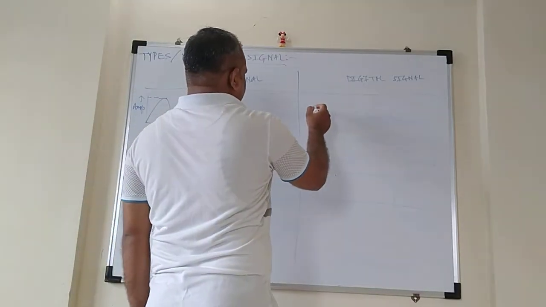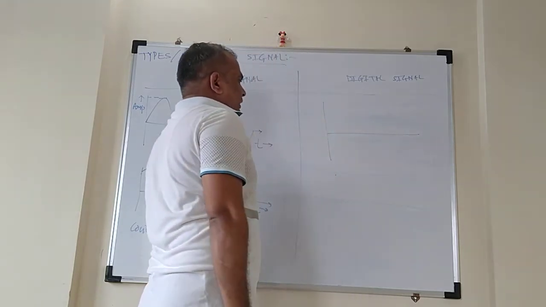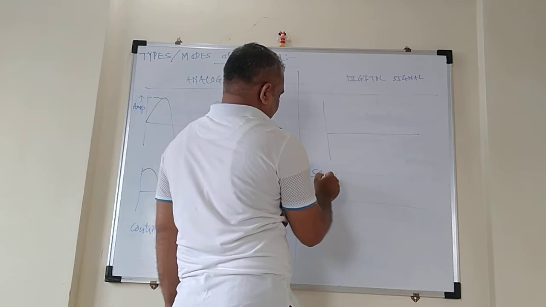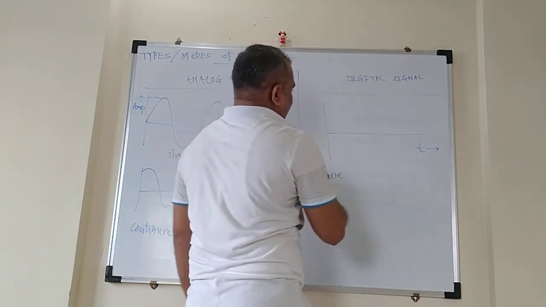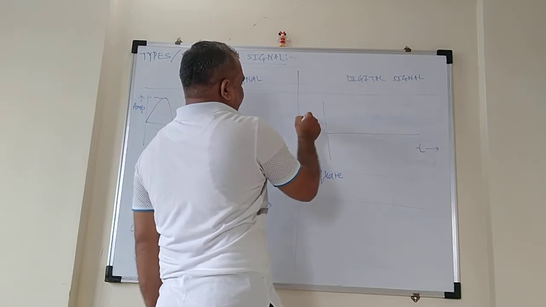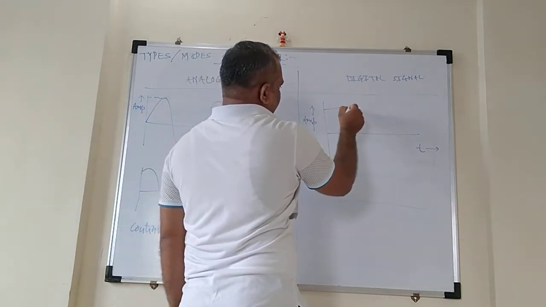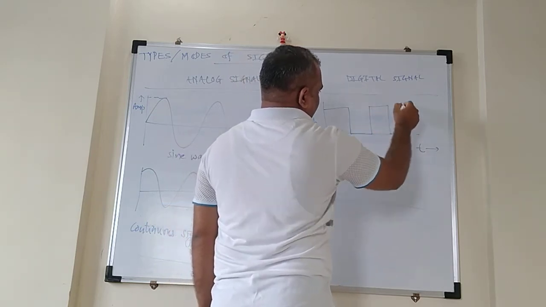And let me take its example. The example of this digital signal is a square wave, which also varies with time, and here you can see the amplitude of the wave. The square wave looks like this. Fine.